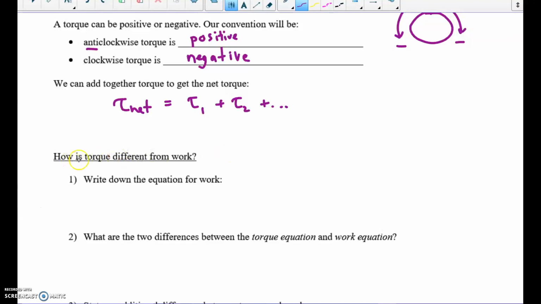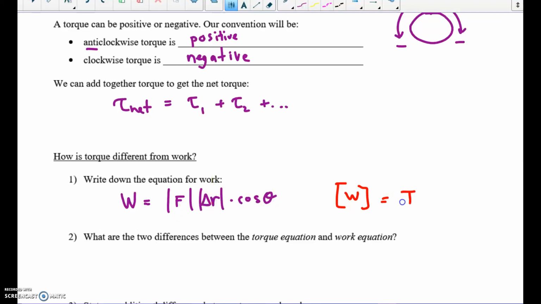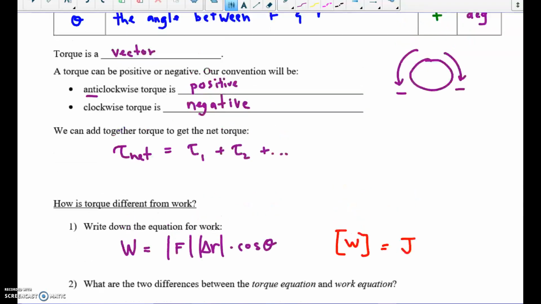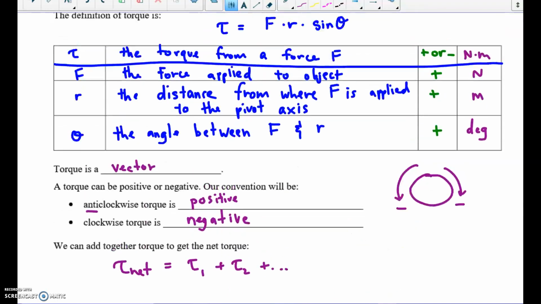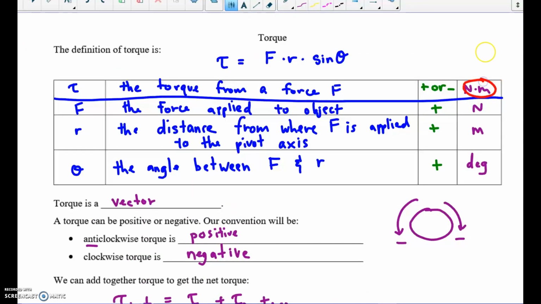Now, we want to understand how this is different from work, because work, you might recall, is the magnitude of the force times the magnitude of the displacement times the cosine of the angle. So it's very, very similar. In fact, isn't the unit for work Newton times meter, and we call that a joule? Well, why aren't we calling it a joule up here? Shouldn't I have written down a joule?